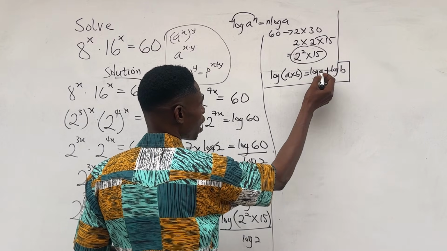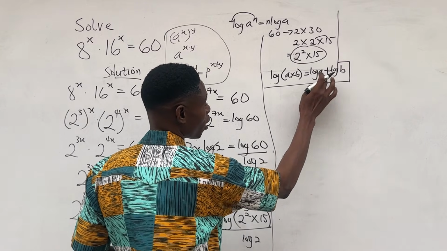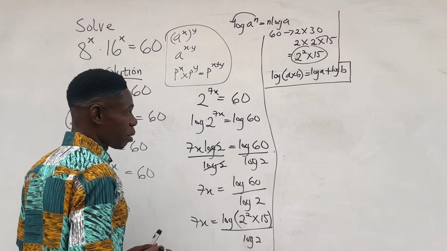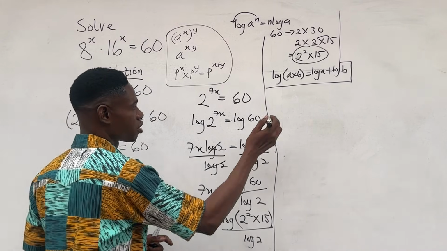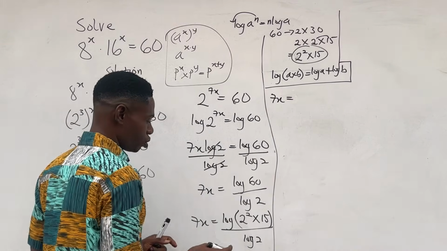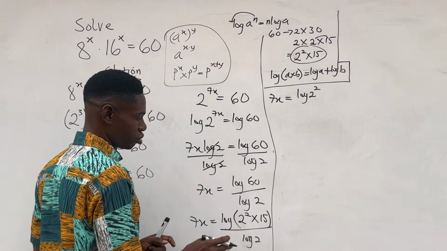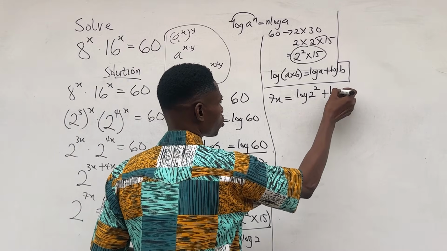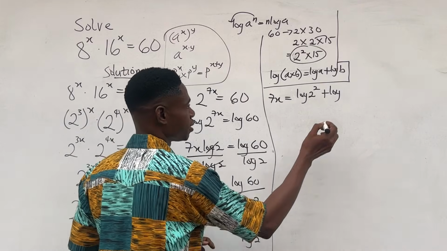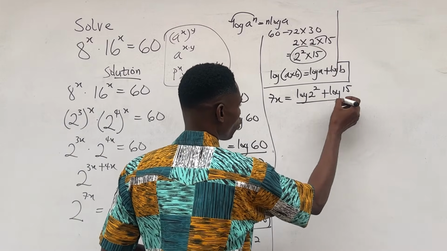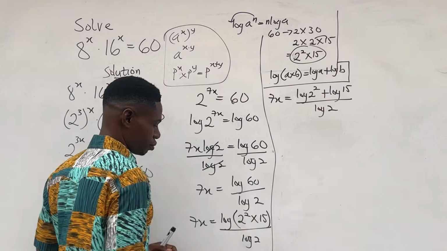So the product becomes the arguments of the two logs you are adding. So let's apply it here. So this will give us 7x equal to log 2 raised to the power 2 plus log 15 all over log 2.